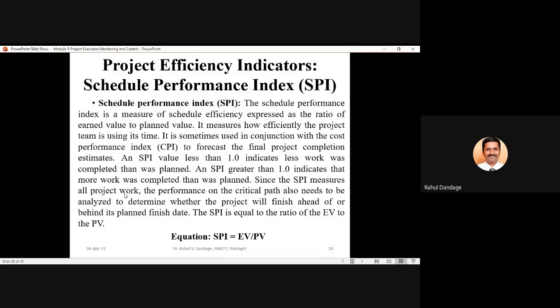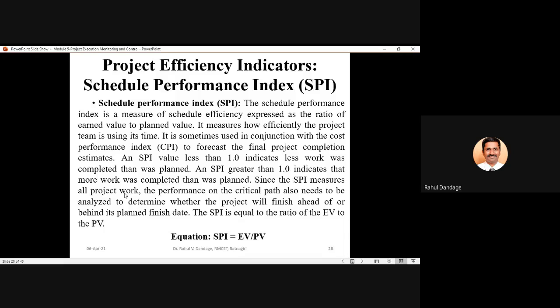When calculating variance, we take the difference, and when calculating the performance index, we take the ratio. EV minus PV gives you schedule variance, and EV divided by PV gives you schedule performance index, that is SPI.